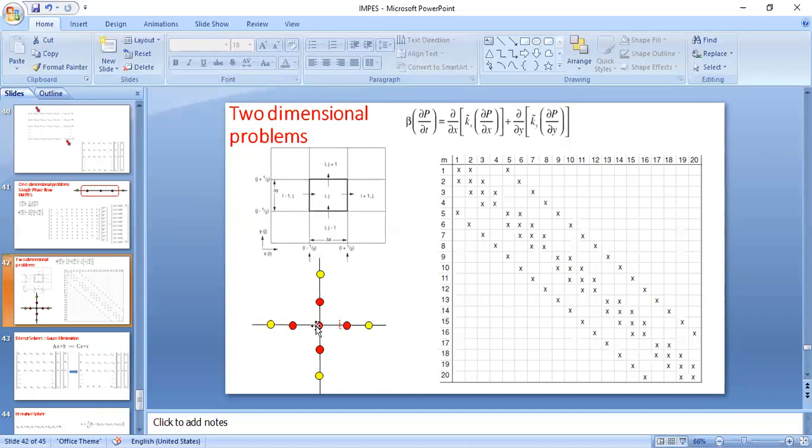So for any node of our interest, say i here, the pressure or the dependent variable is dependent on the immediate neighbors. All the four nodes immediately around the ith node will govern the pressure or the value of the dependent variable.